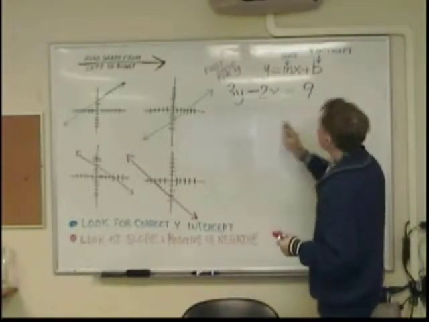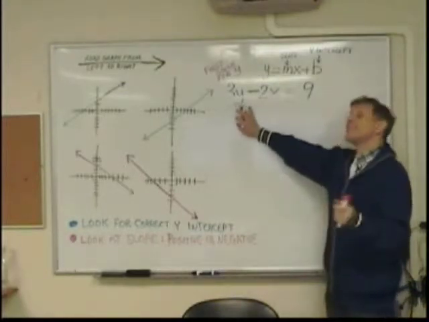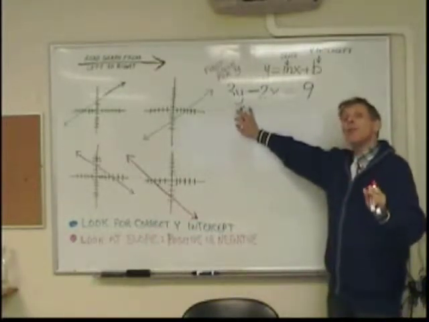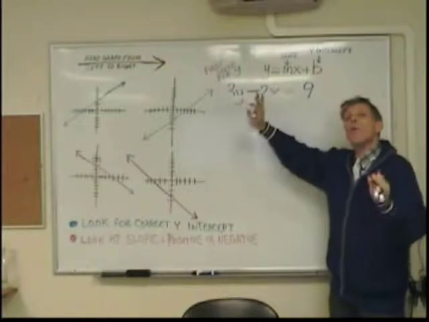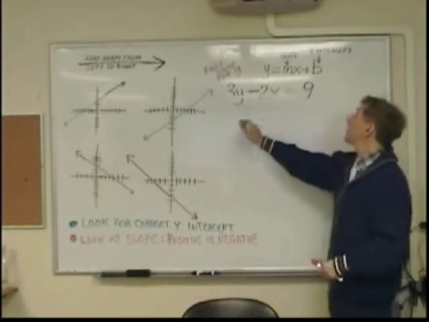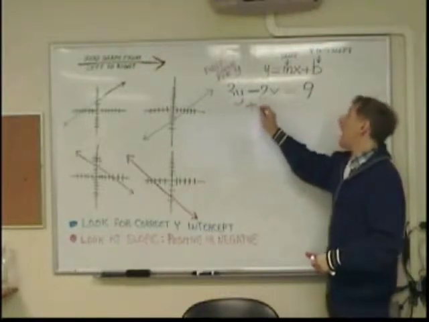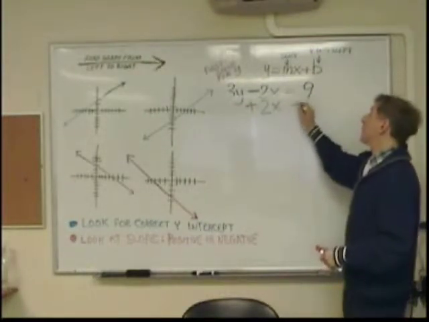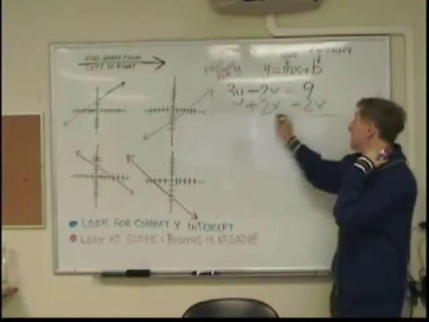So the first thing I'm going to do with my equation here, because it's not in the y equals format, y is not by itself, I'll solve for y. So I'll add 2x to both sides. I'll do the opposite sign.